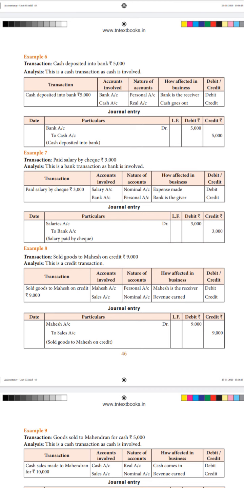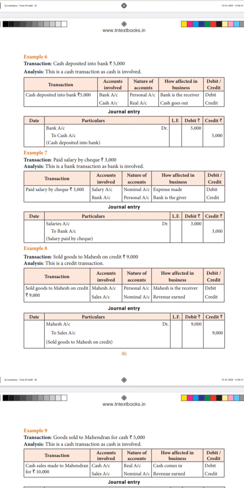If it was given as sold goods to Mahendran rupees 9000, in that case also it is a credit transaction only. Even if the word on credit is not there, still if any person name is given, in that case it is to be treated as a credit transaction.